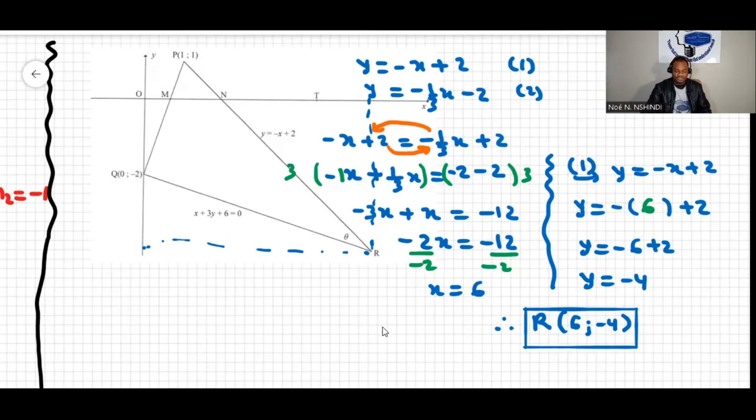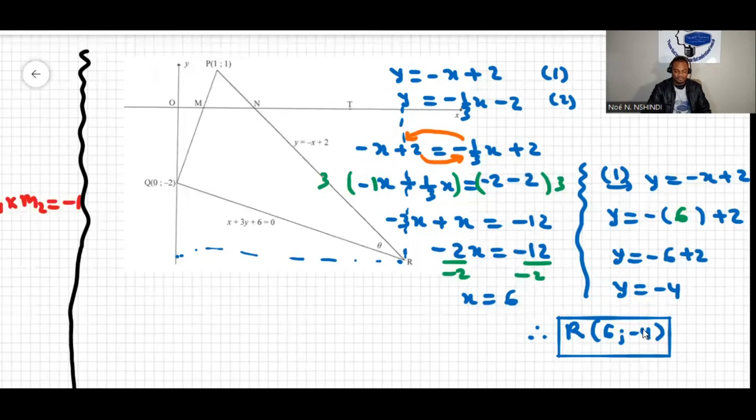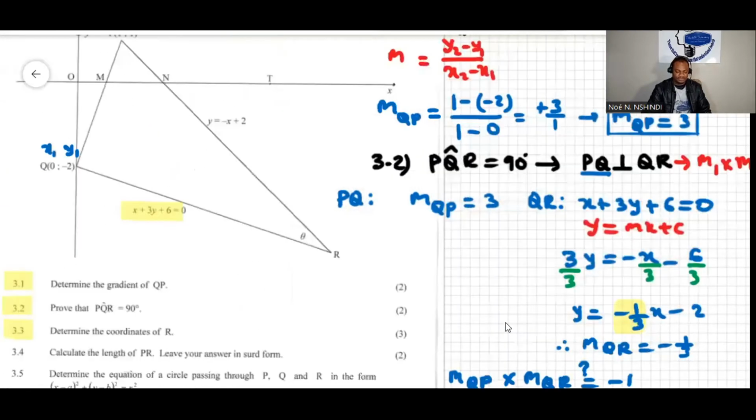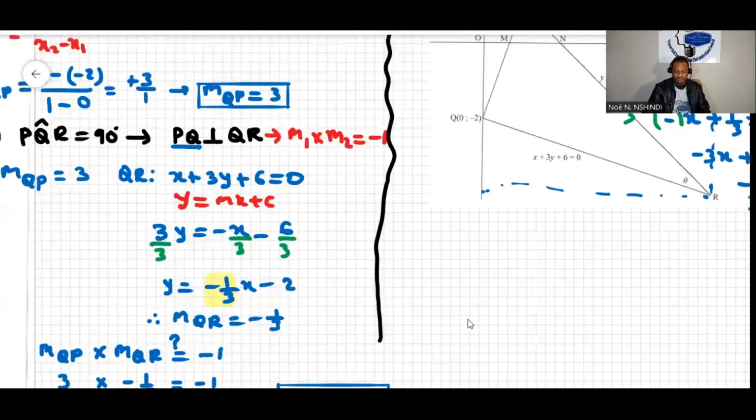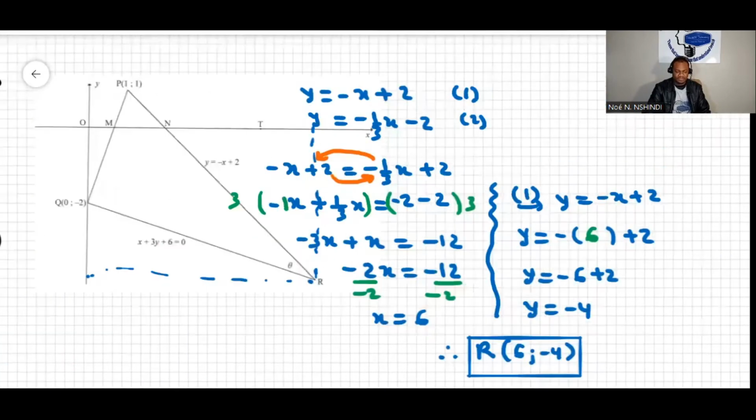Then the following question says, let me move the board like this. Now we're going to do question 3.4. The question says, calculate the length PR, leave your answer in surd form.